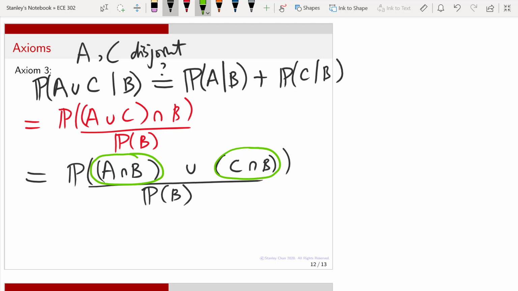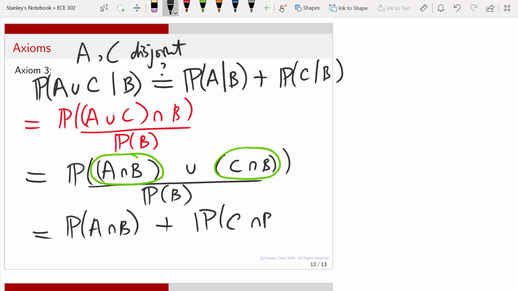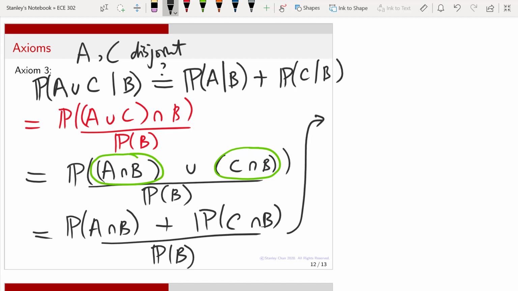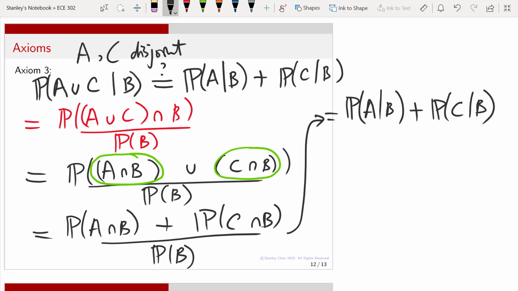Therefore, by axiom number 3, you can write it as the probability of A intersect B plus the probability of C intersect B, divided by the probability of B. And then you can show that this gives you the probability of A given B, because that's just the ratio between A intersect B and B, plus the probability of C given B. So now we have shown that the conditional probability also satisfies axiom number 3 of the probability.